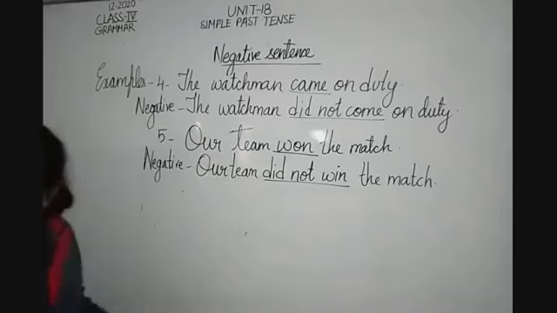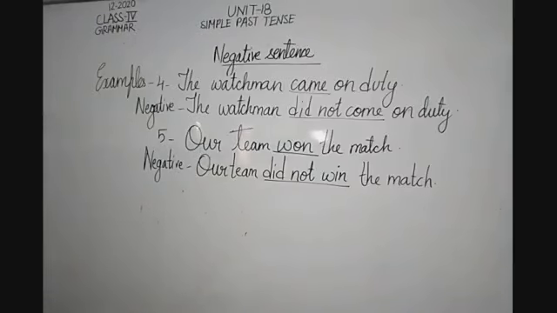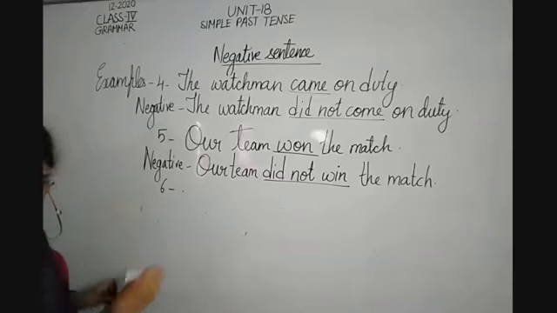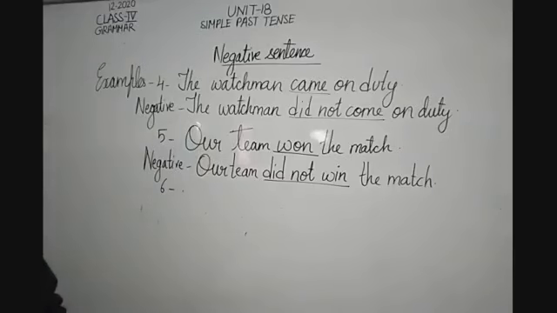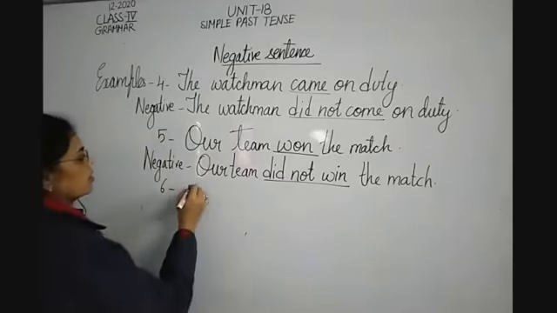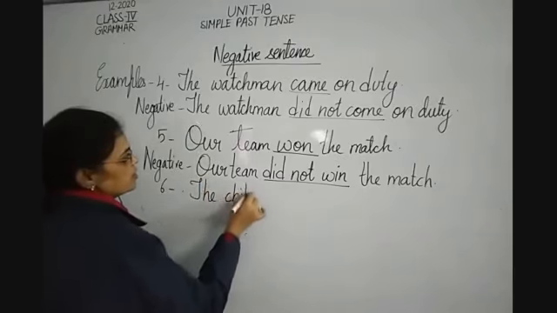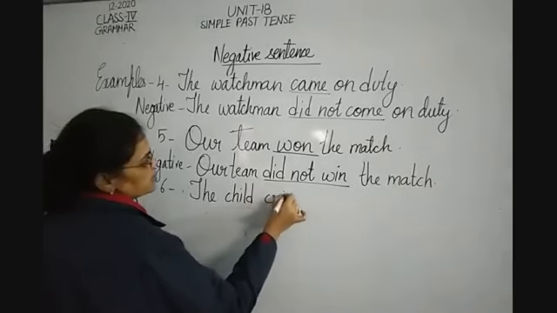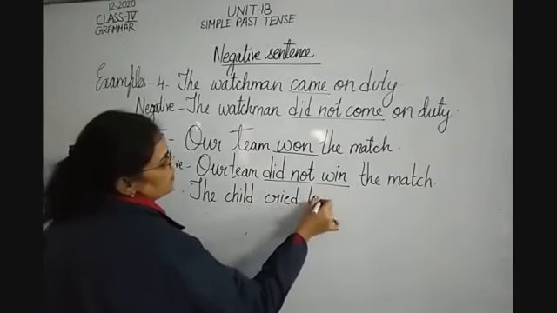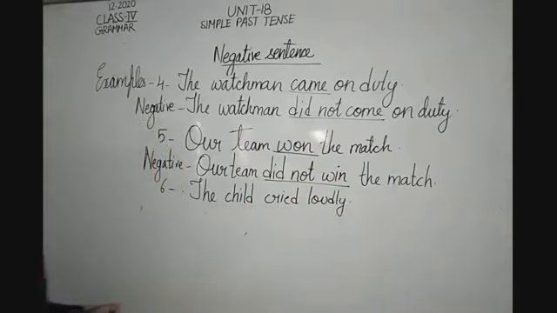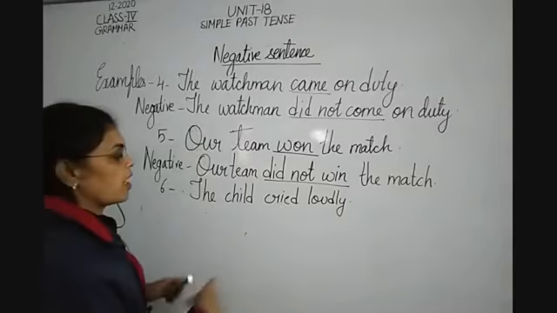Now, let's take another example. The child cried loudly. Fine. Now suppose this is the sentence and you are supposed to make this sentence negative. So first step क्या है आपका?